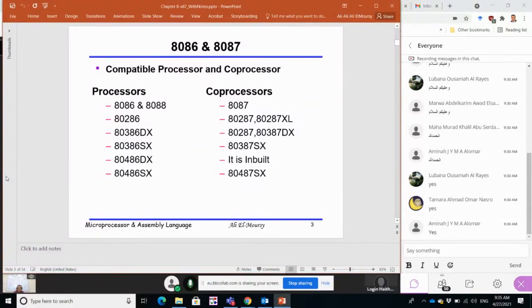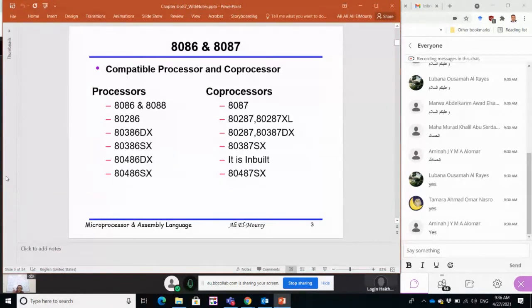Slide number 3 shows the compatibility between the different family members of the 8086 machines and their corresponding coprocessors for floating point. You can see they change the names, they change the architecture, and they go from one design to the next generation with a more advanced design.